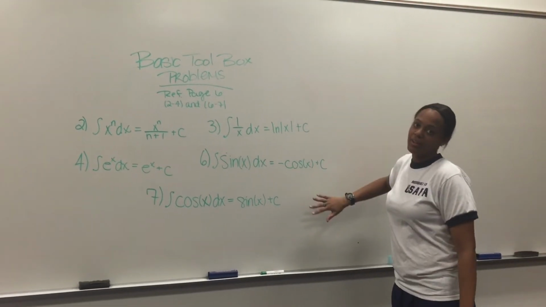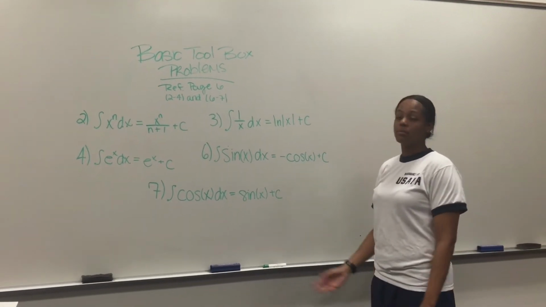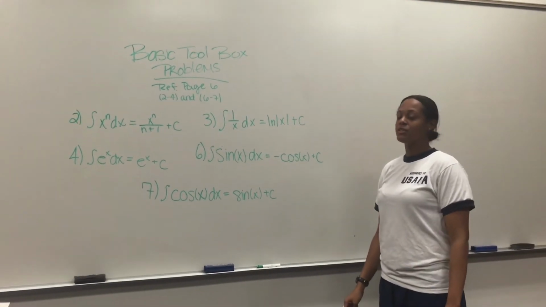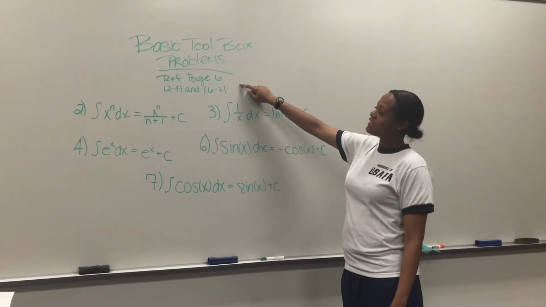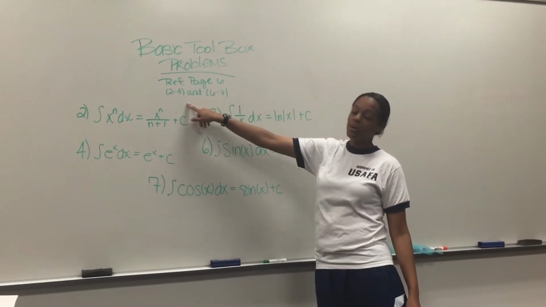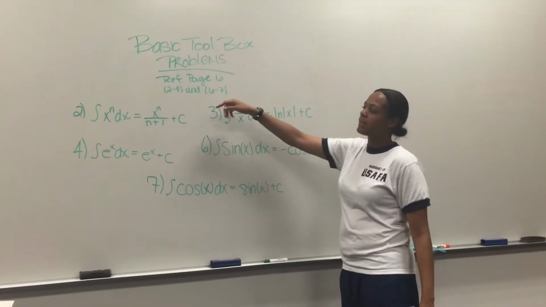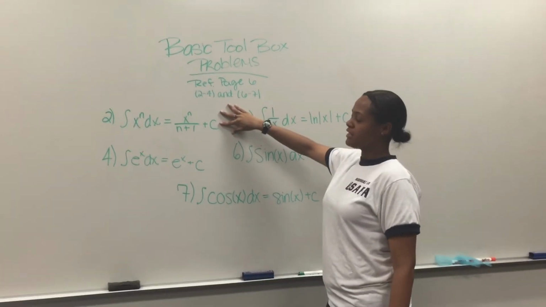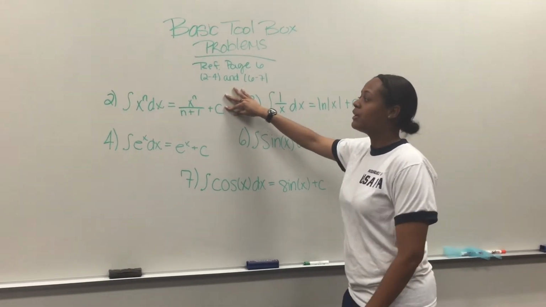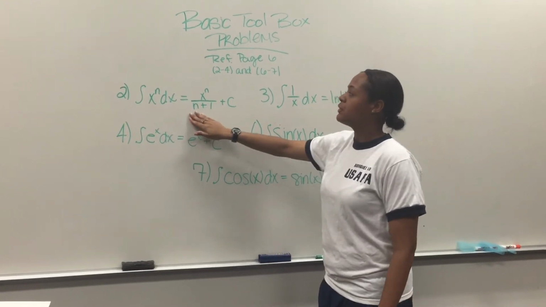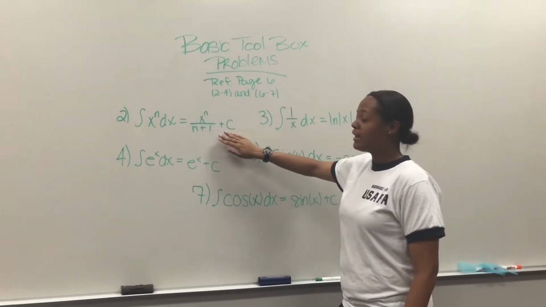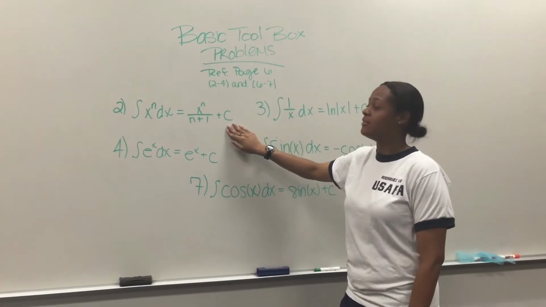These on the board are the basic toolbox problems. They are the fundamentals for antiderivatives. You can reference them on reference page 6. These are numbers 2 through 4 and 6 through 7. Number 2 is one of the first ones that you should know. It is the integral of x to the n dx is equal to x to the n plus 1 over n plus 1 plus c.